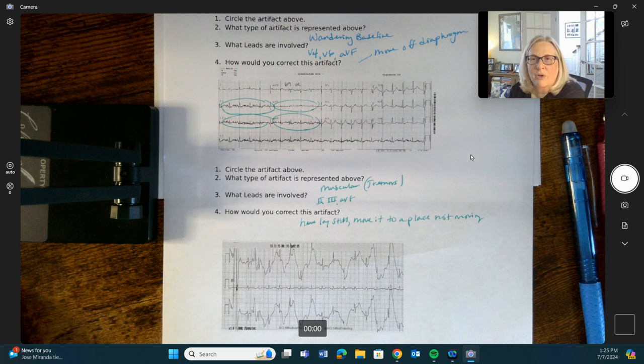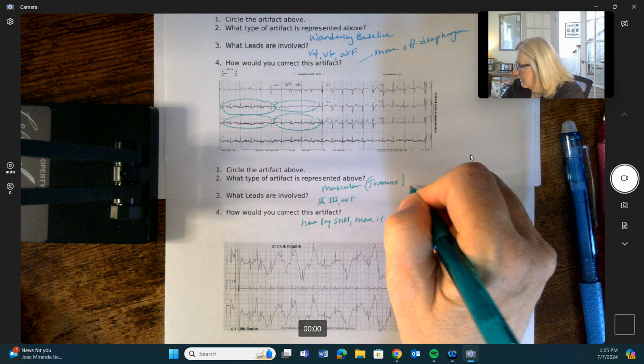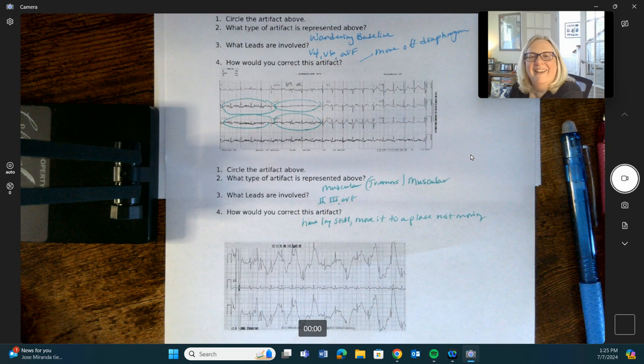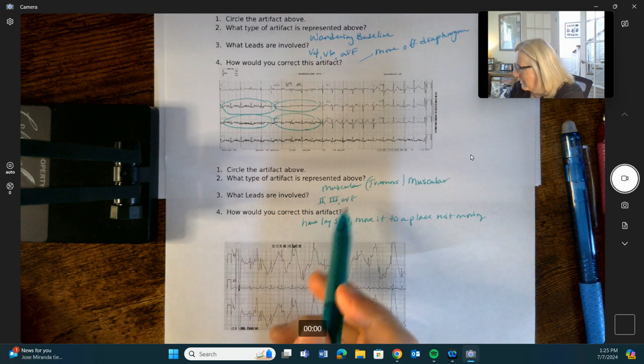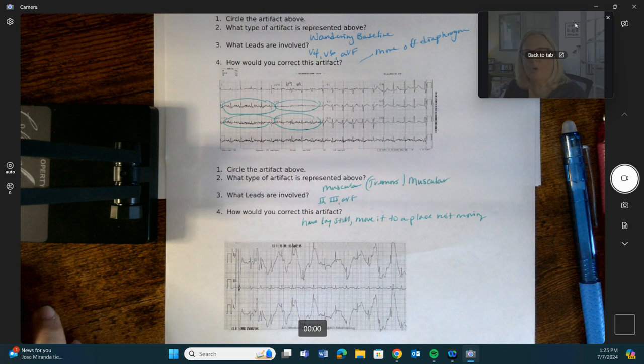You're going to have to move it off that area. This is definitely a muscular artifact. You literally cannot read my handwriting. Muscular. That was terrible. 2, 3, and AVF. And we're going to try to get them to lay still. If they can't lay still, then we've got to move it off the area that's having its own tremors, like the Parkinson's area. Okay? One more to go.